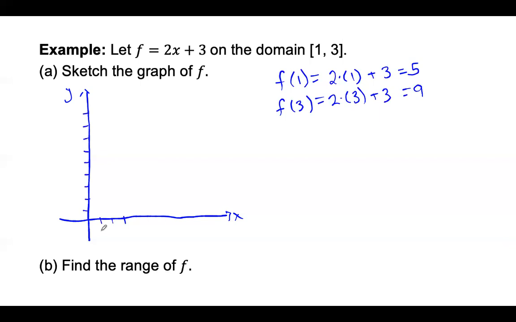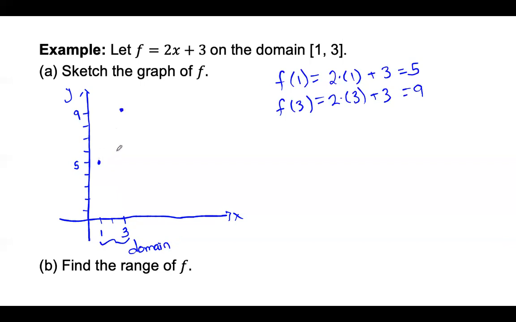It goes from 1 to 3 here, and that is our domain. And then up the y-axis, 1, 2, 3, 4, 5, 6, 7, 8, 9. So at 1, we have 5, and at 3, we have 9.